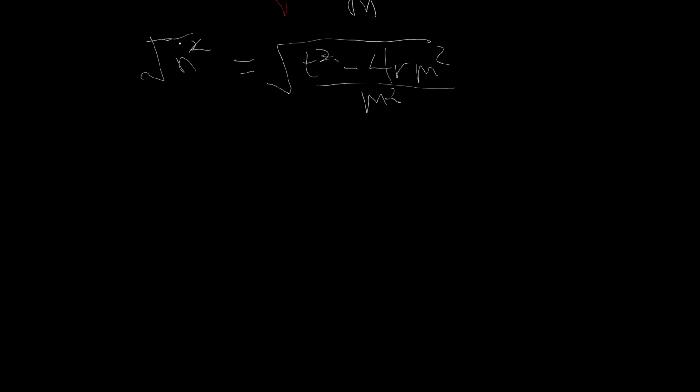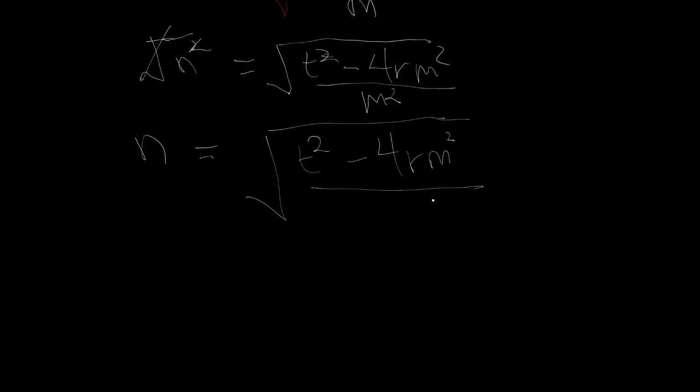So this square cancels this square. We have n equal to the square root of t squared minus 4r m squared all over m squared. So this is our n.